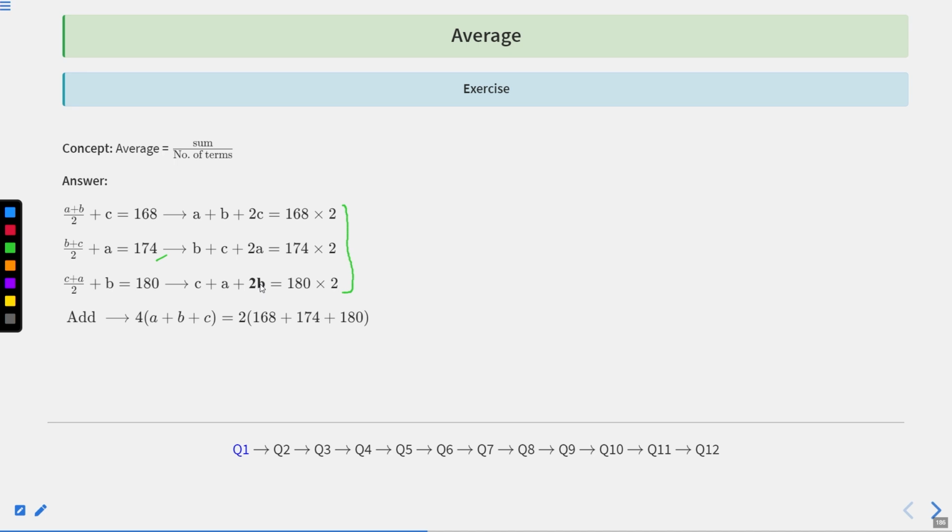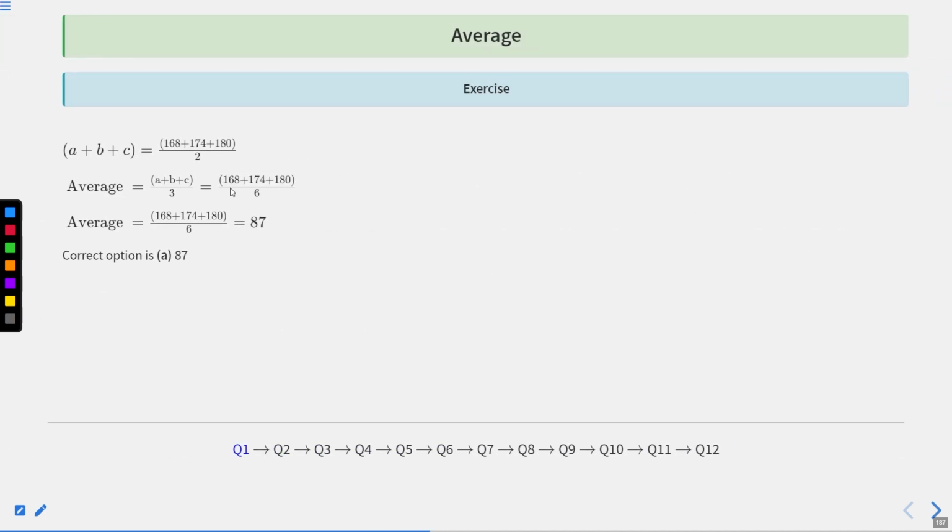But the smarter way would be to add all the three equations. On doing that, I will have 4 times (a plus b plus c) equal to twice of 168 plus 174 plus 180. On simplifying, a plus b plus c equals (168 plus 174 plus 180) upon 2.